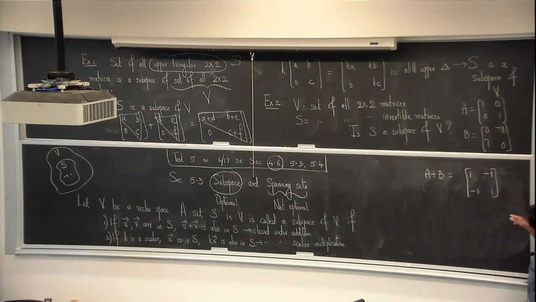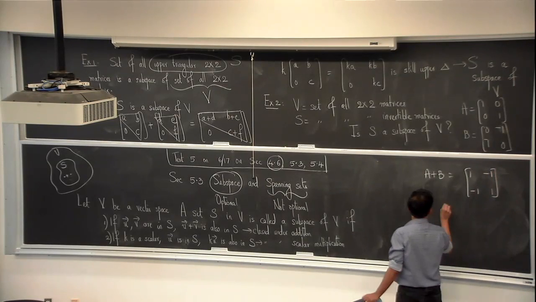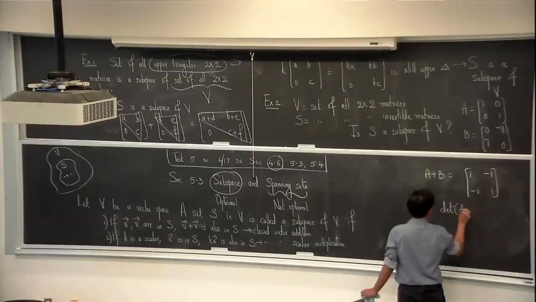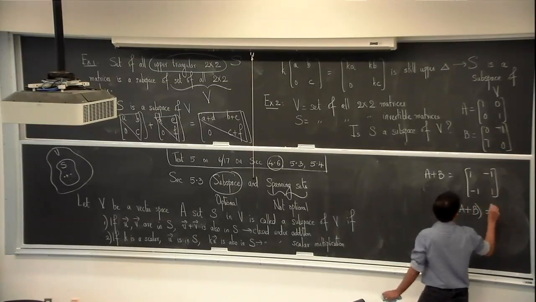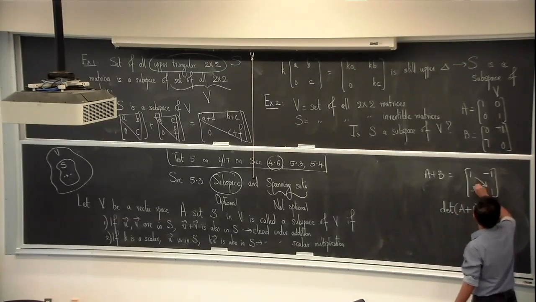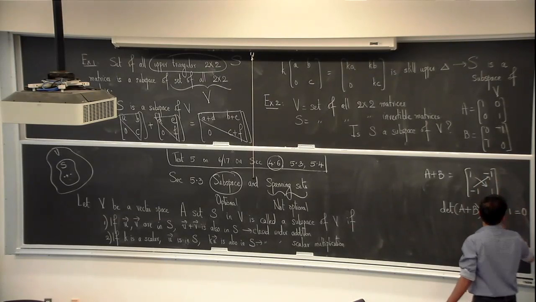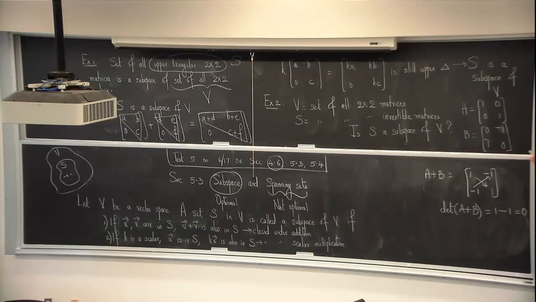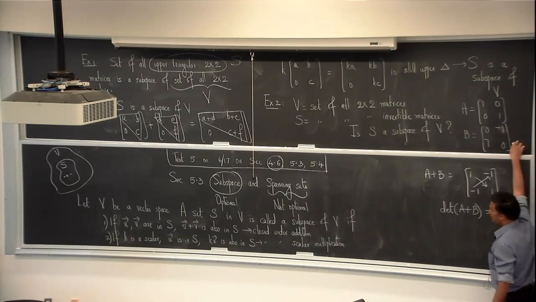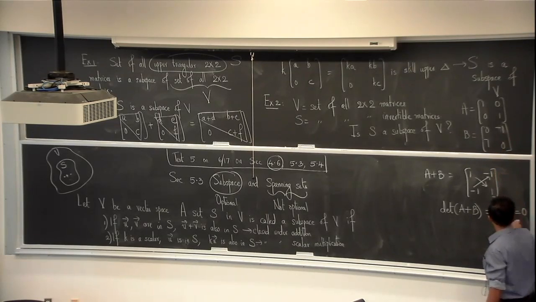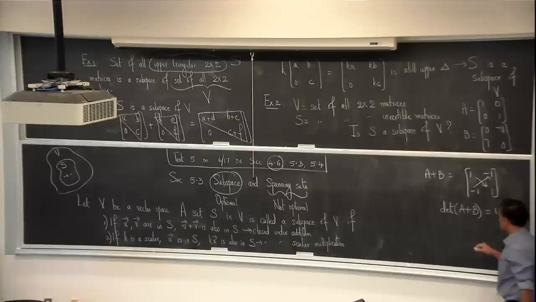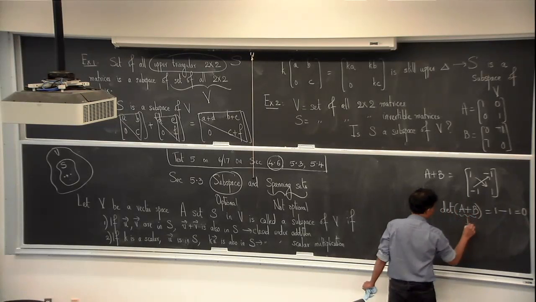And what is the determinant of this matrix? It's going to be 1 minus 1. So you had two matrices which are invertible because the determinant of this matrix is also 1, right? But when you add them together, you get the determinant equal to 0. So A plus B is not invertible.